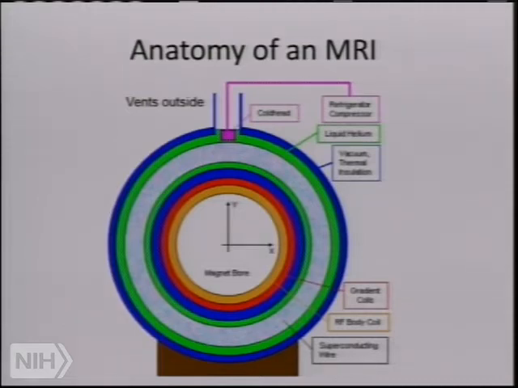Well, it requires a superconducting environment, that is, a wire that you charge up with a lot of electricity that wraps around this whole thing. And then to keep it going, you keep it at liquid helium temperatures. So once the electrons are going around there, they're just going to keep on going around. There's no resistance in the wire. It's superconducting. So you generate these huge, high magnetic fields in the center.